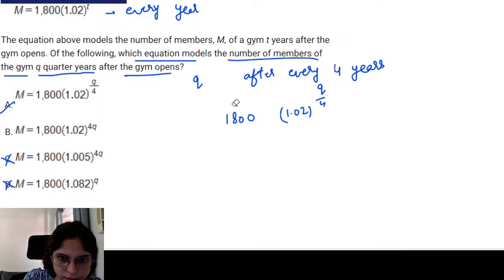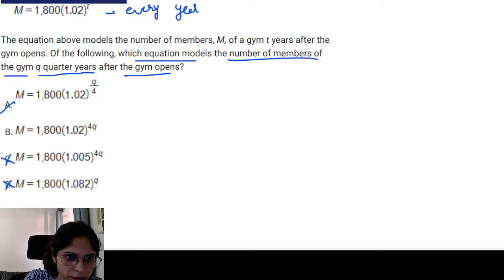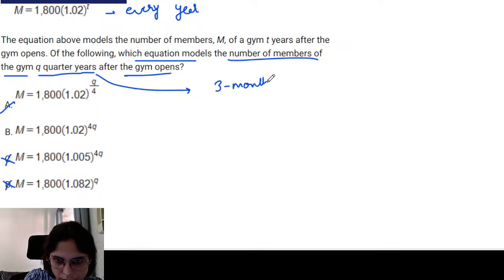No. Quarter year means 3-month period. That is why I was like, this can't, then it will be optional.